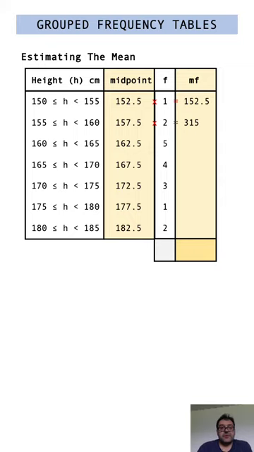Next group, 5 people, we're assuming that they're all 162.5. So 162.5 times 5 gives you the total height for all the people in those groups. So we're just multiplying these out. So the midpoint of each group times the number of people in each group, giving you an estimate of the total height for all the people in the group.